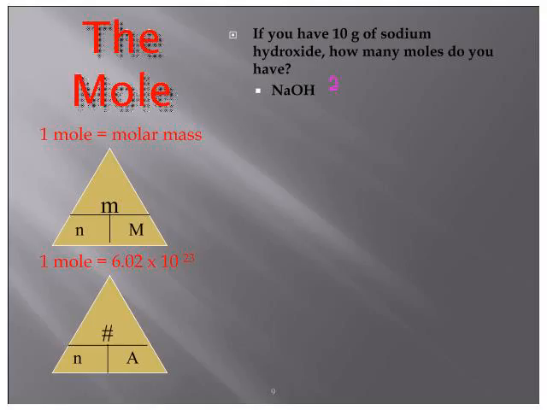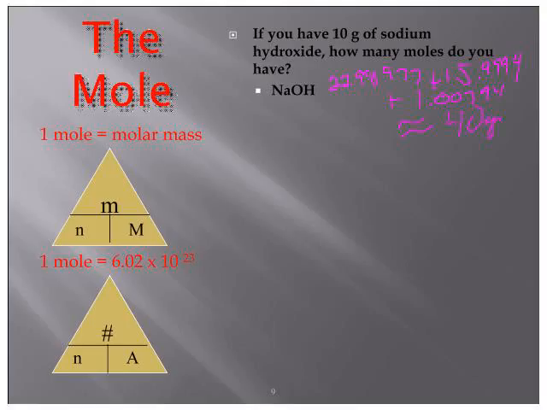Sodium is 22.9897. Oxygen is 15.9994. And hydrogen is 1.00794. And you're going to get approximately 40 grams.